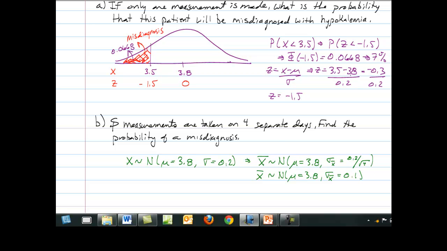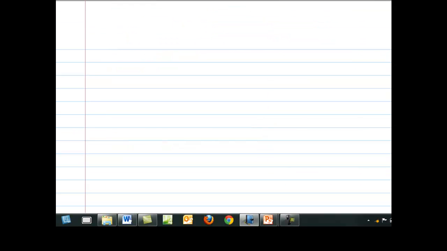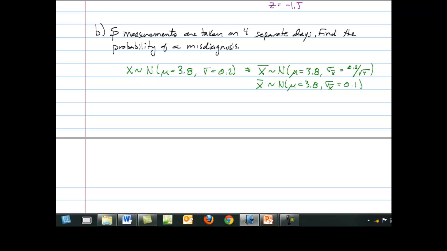So now when I want to find the probability of a misdiagnosis, I again draw the curve, but instead of using the value for my mean of 3.8, my standard deviation has changed, and this distribution over here is not the x's, but it's the x bars.